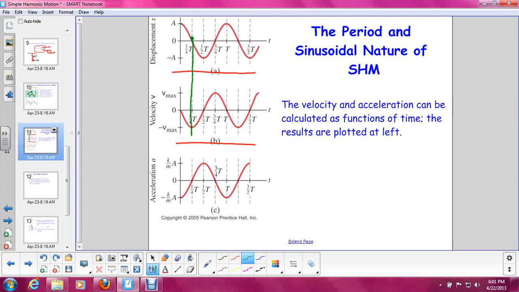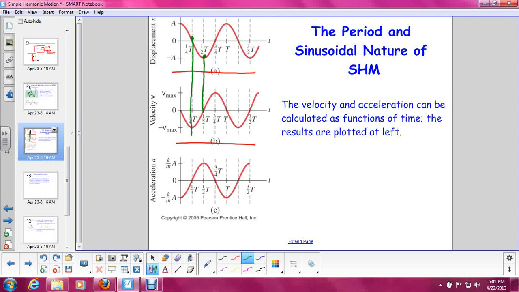Because when your spring is moving through the equilibrium point, it's traveling the fastest. Now, when the object is physically as far out as it can be, and the spring is completely stretched or completely compressed, it needs to change direction.